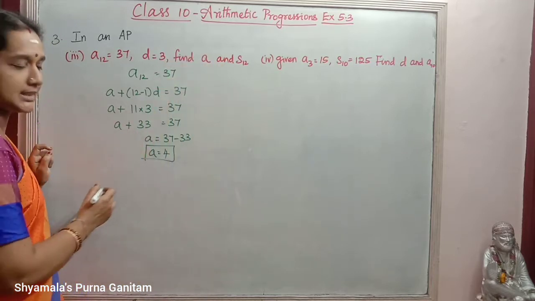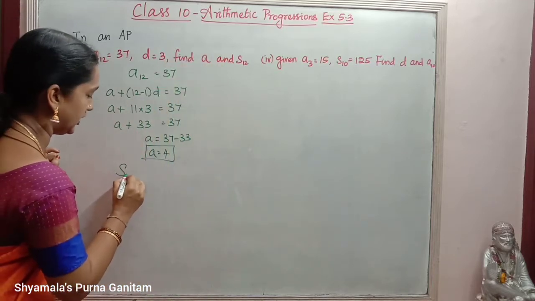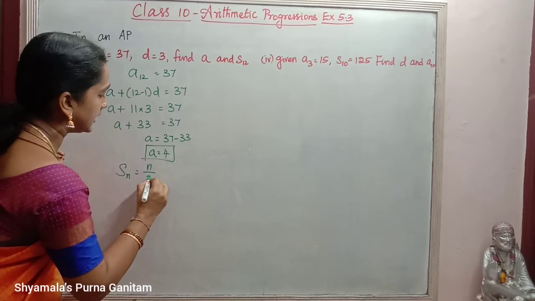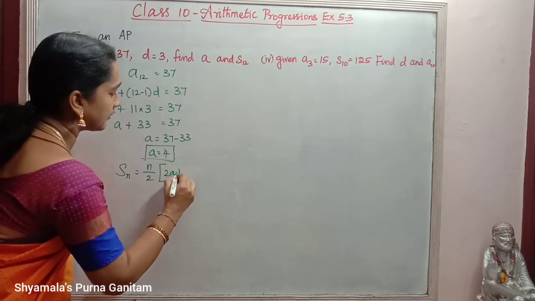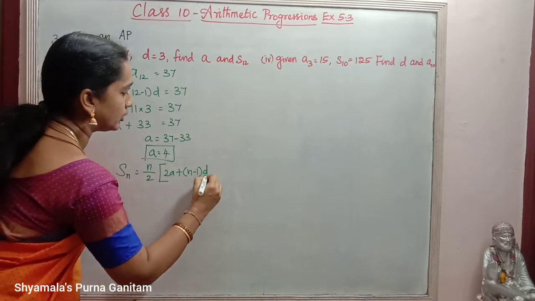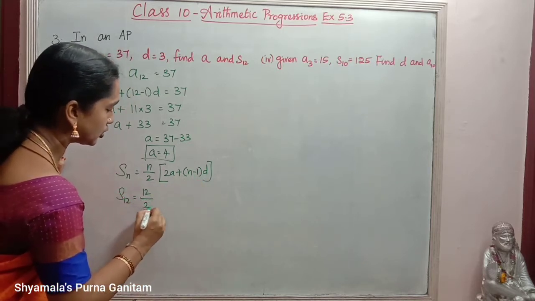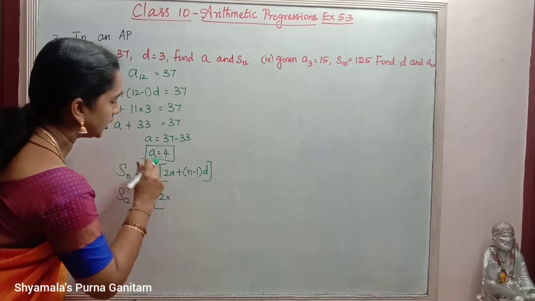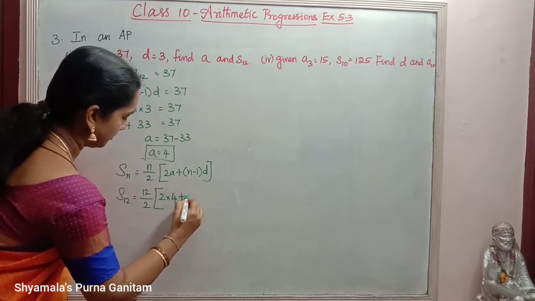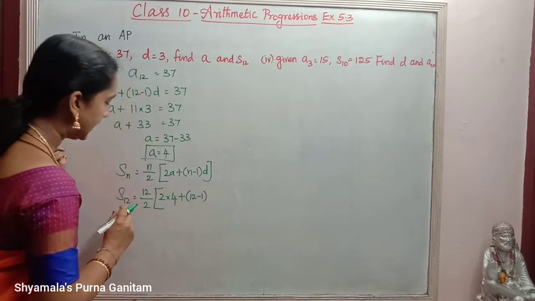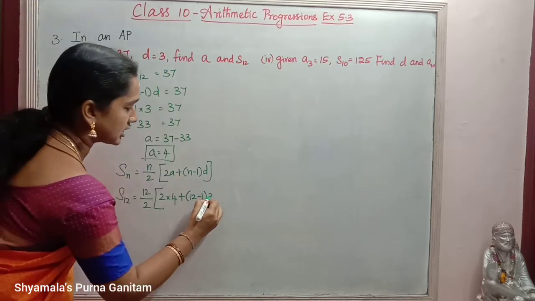Then S12. So S12, we know Sn formula, n by 2 into 2A plus n minus 1 into D. So S12 we are asked to find. So 12 by 2 into 2 into A we got it as 4 plus 12 minus 1 into D is given as 3.